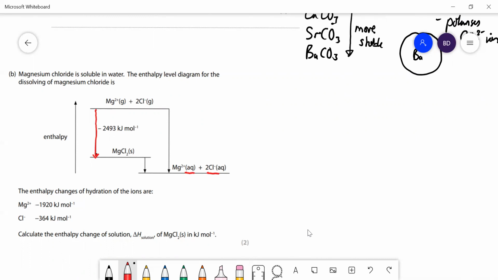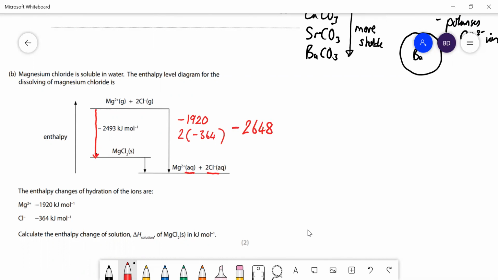So you're hydrating one magnesium ion, so that's going to be minus 1920 kilojoules per mole, and two chloride ions, so that's minus 364. So we add that lot up there, we get 2,648.